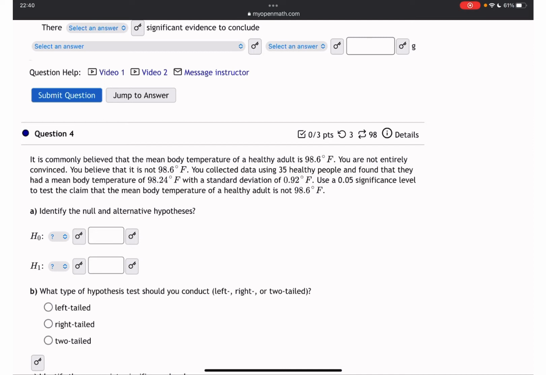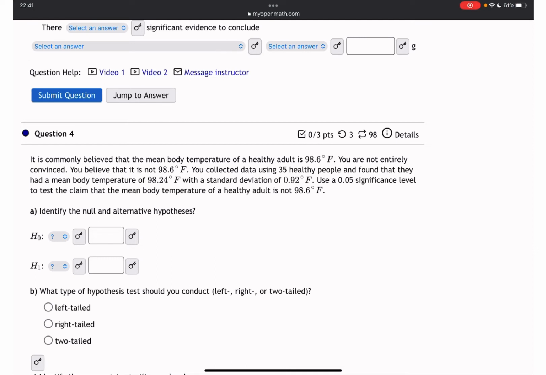You collected data using 35 healthy people and found that they had a mean body temperature 98.24 degrees Fahrenheit with a standard deviation of 0.92 degrees Fahrenheit. Use a 0.05 significance level to test the claim that the mean body temperature of healthy adult is not 98.6.